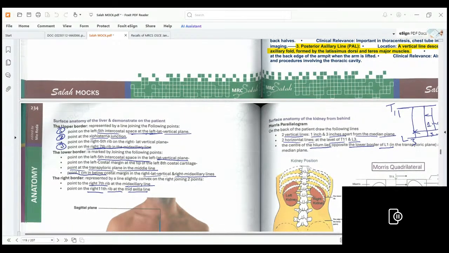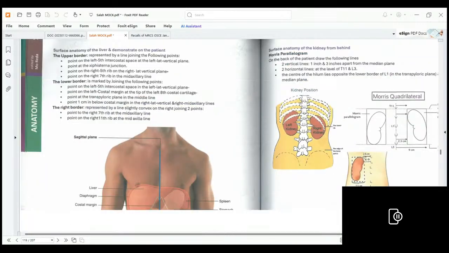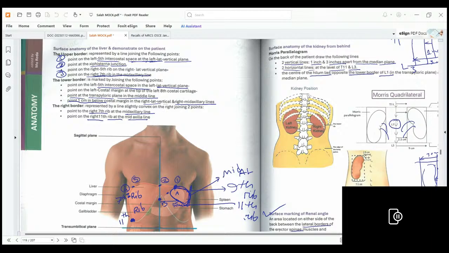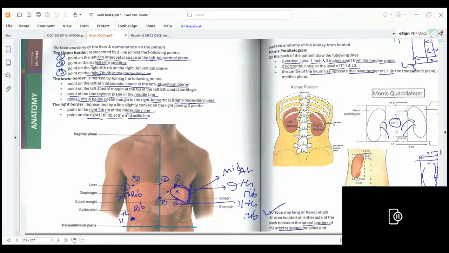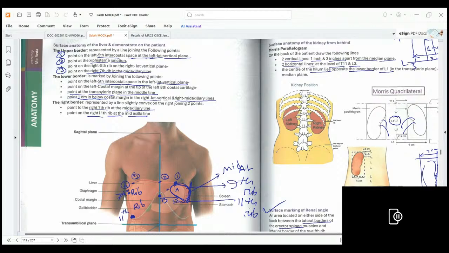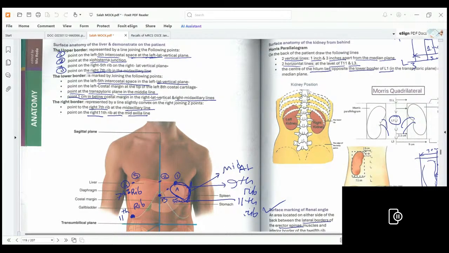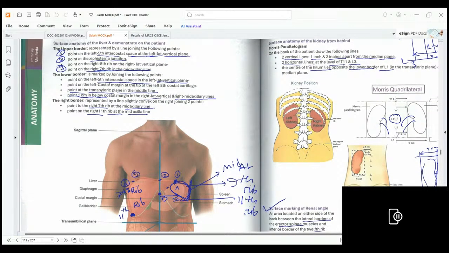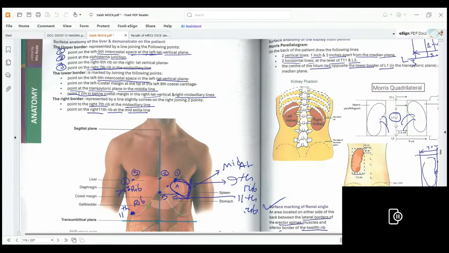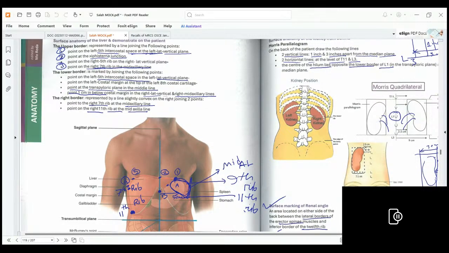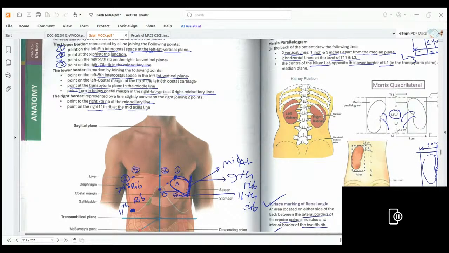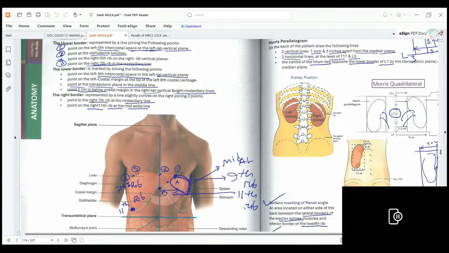So now it is easy. First point on the left fifth intercostal space at the left lateral vertical plane, second point at the xipho-sternal junction, and third point on the right fifth rib on the right lateral vertical plane.